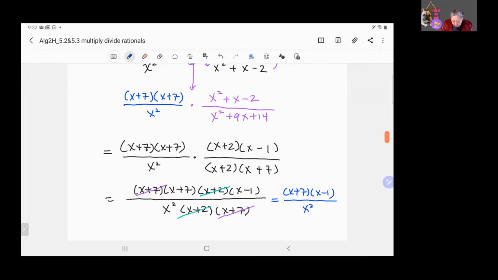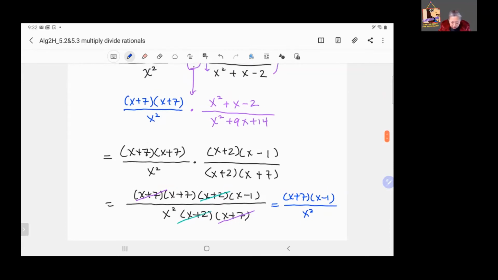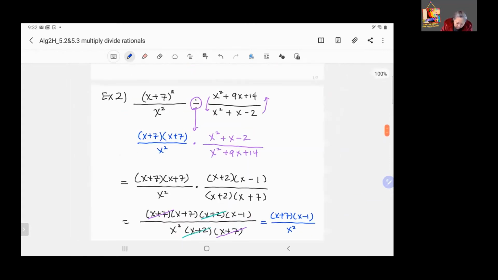But here, one more question arises for division. Look, originally x squared plus x minus 2 was a denominator besides the x squared here, right? But because of the characteristics of division with fractions, we take the reciprocal of the second one.